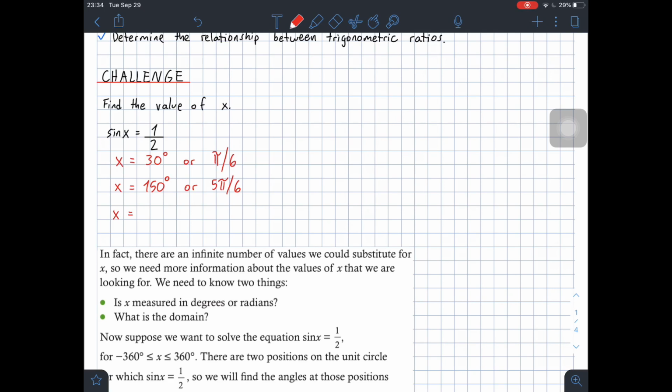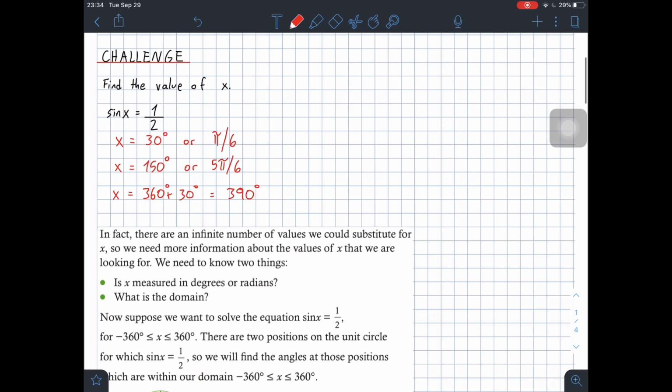For example, if we do 360 plus 30 degrees, we're again in the first quadrant, and this is equal to 390 degrees. And if we find sine of 390 degrees, you would see that again, you would get as a result 1/2, right? Or we can keep on finding values.